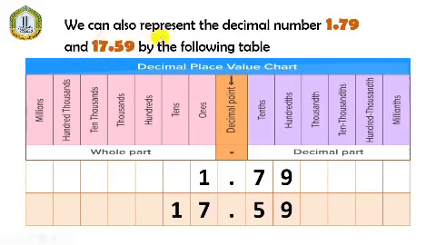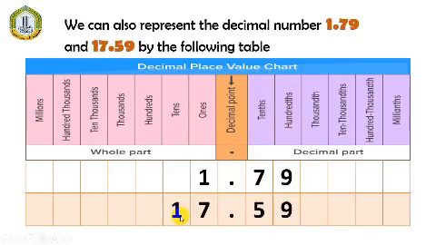We can also represent the decimal numbers 1.79 and 17.59 by the following table. This table shows the decimal place value chart. So we have the decimal point in the middle. 1 is found in the ones digit, the 7 is in the tenths digit, and the 9 is in the hundredths digit.